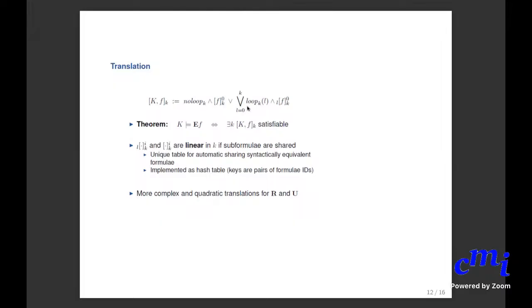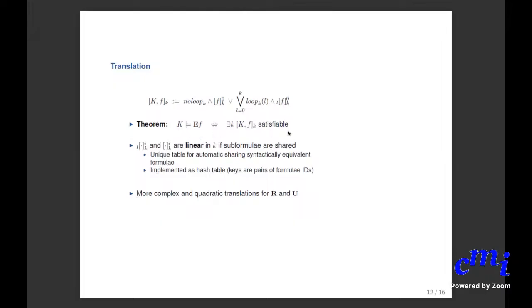And for the looping case, it will be a disjunction, with one disjunct representing the case where the k-long prefix can be lassoing into L, where L can be an index anywhere between 0 and the last index of the k-long prefix.